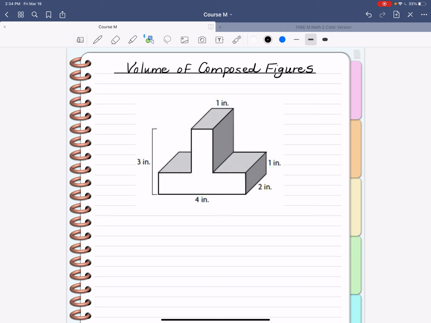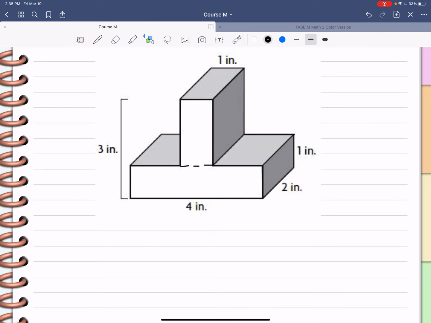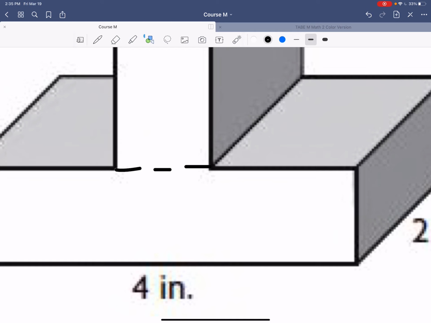So let's start with this shape that looks like an upside down T and see if we can calculate the volume of this shape. So the first thing I'm going to do is to draw an imaginary line. Now you can draw it this way. See right there where I've drawn it.